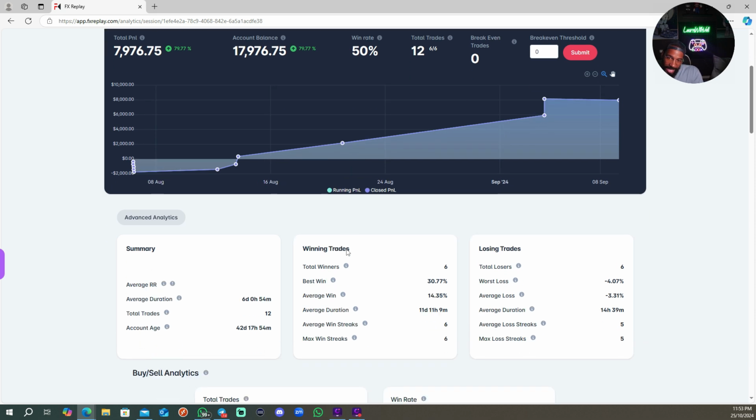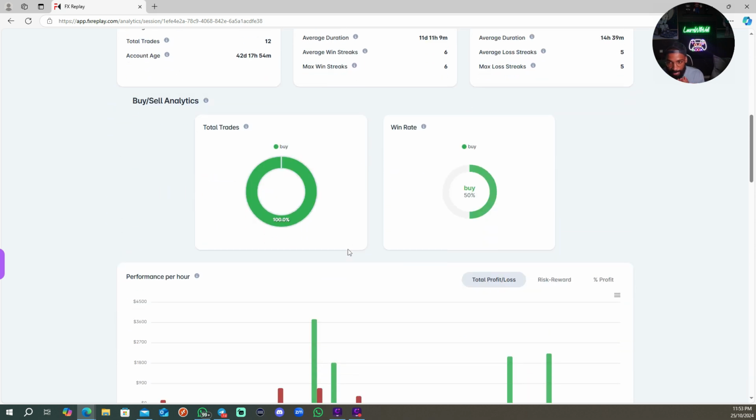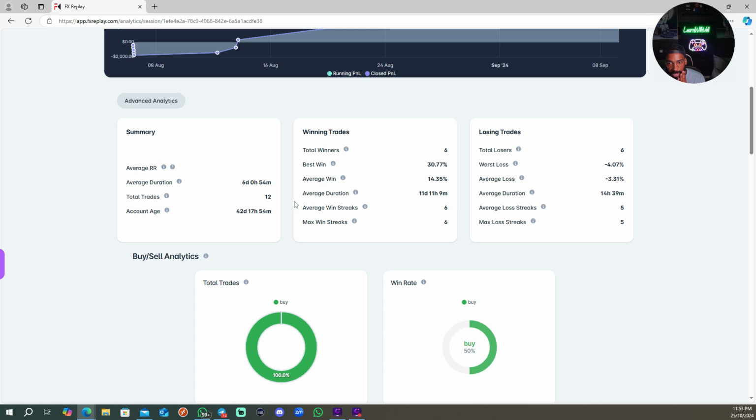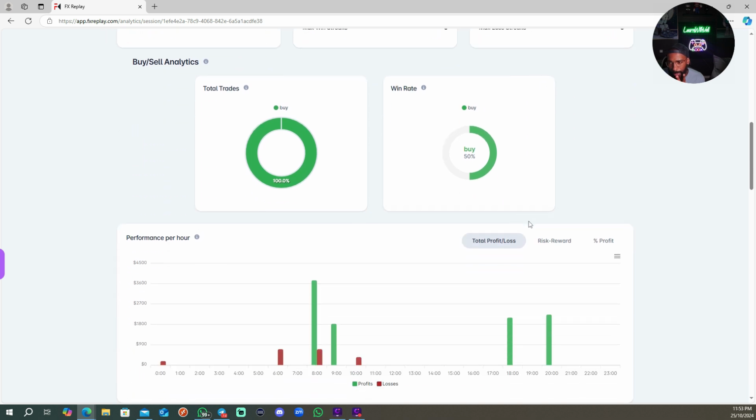So I think in this case, we may have lost more trades than we won. Let's have a look. So we can see here, the best win was 30% on a trade, average win 14%, worst loss 4%. Losing trades, the maximum loss you got in your worst trade shouldn't be 4%, but okay. Win rate was 50%.